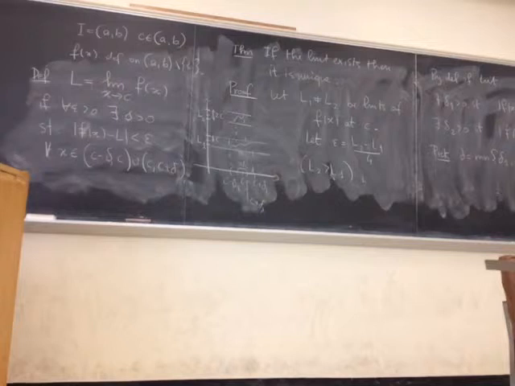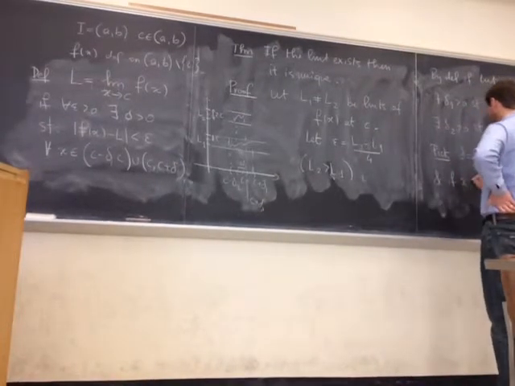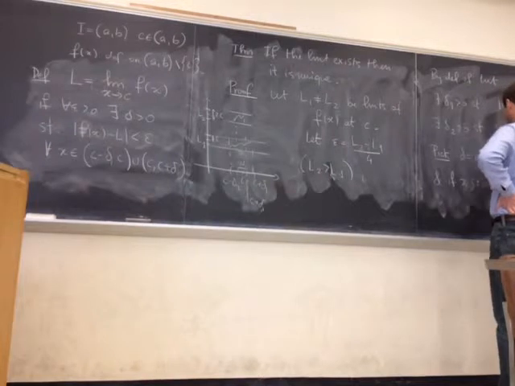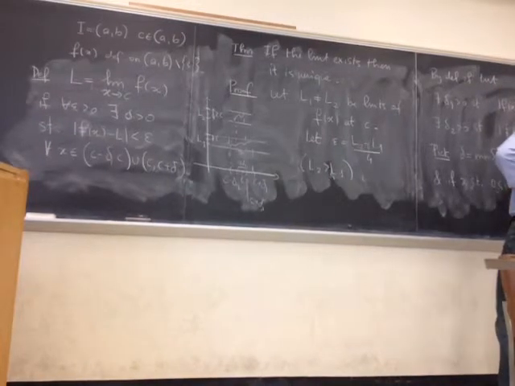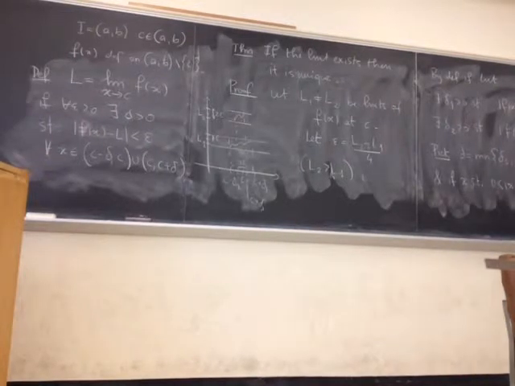And what happens if x is such that its distance from c is less than delta? Then I have both inequalities.